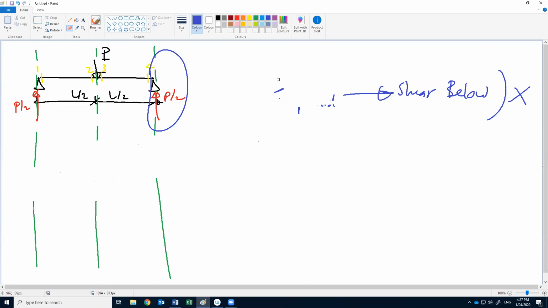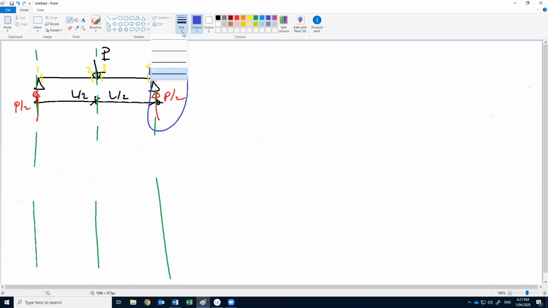For the moment, we have the same cuts as the last cuts in the shear. So now we have section 1, section 2, section 3, section 4. This is our datum, and we need to draw the bending moment diagram for this beam.